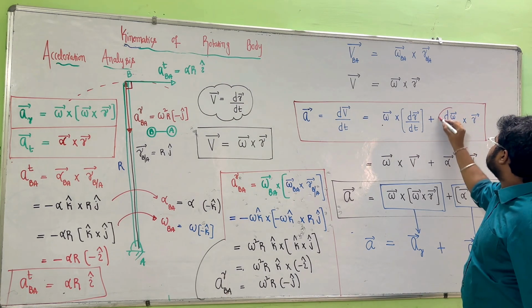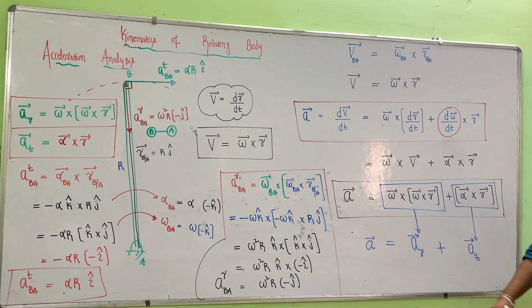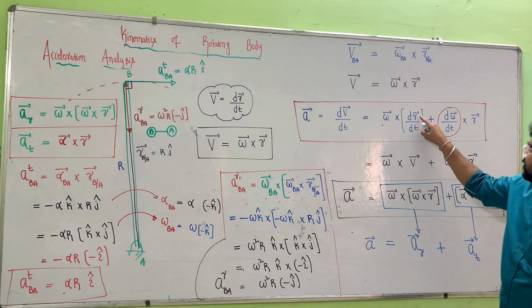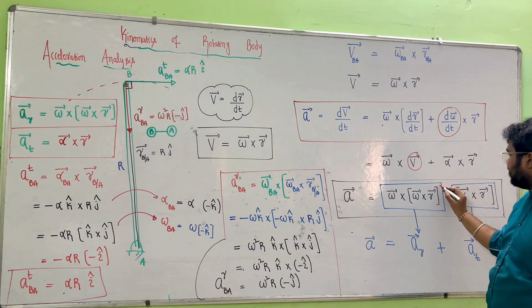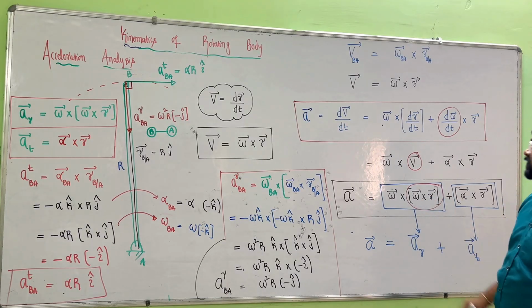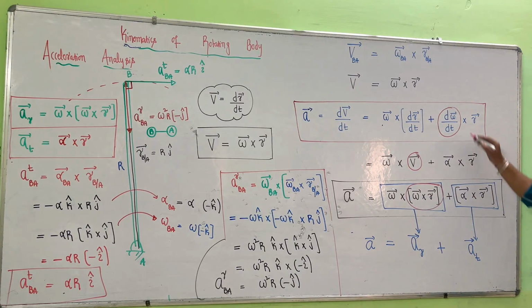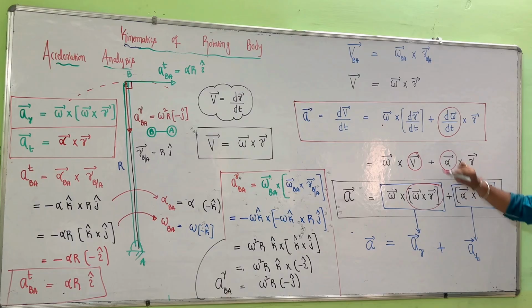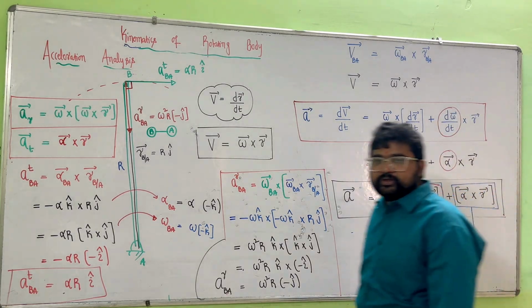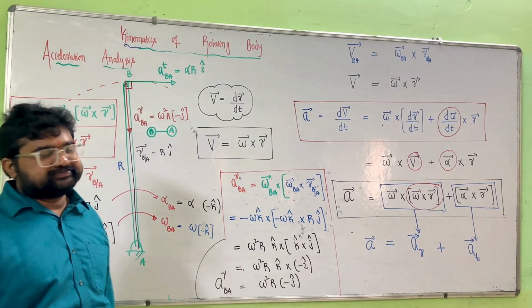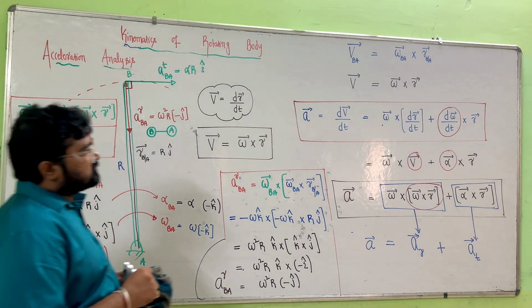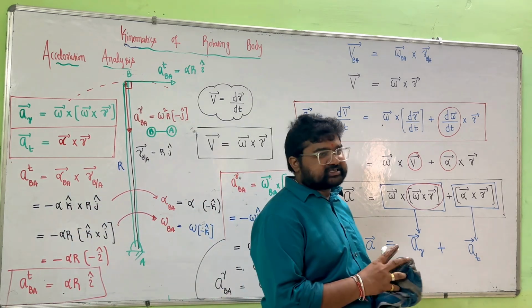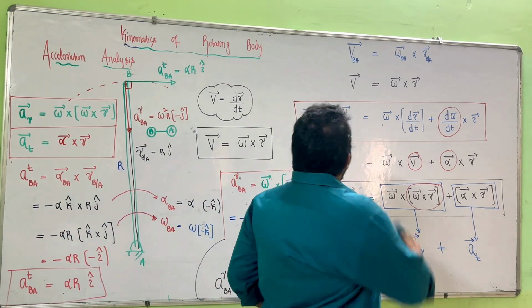Now differentiate this. Are you following? Then dr by dt replaced with v bar. V bar replaced with omega bar cross r bar. D omega by dt replaced with alpha bar. Understood? Alpha bar cross r bar. Are you clear? Omega bar cross r bar. Completed.